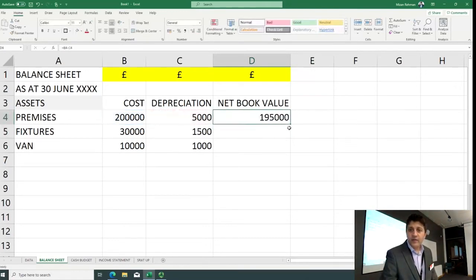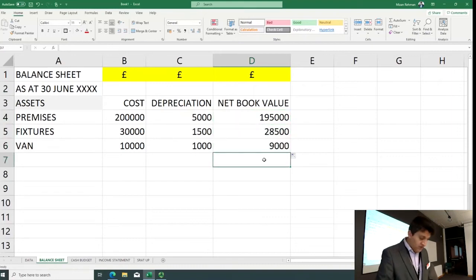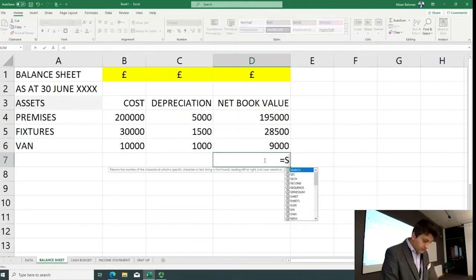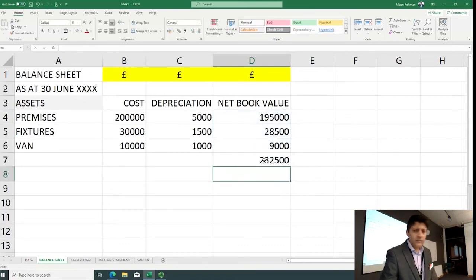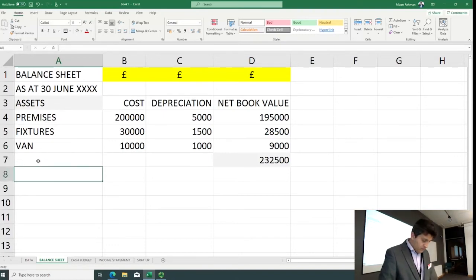Cost minus depreciation, and this gives me the total value of the assets. Total fixed assets. Yeah. Current assets now.